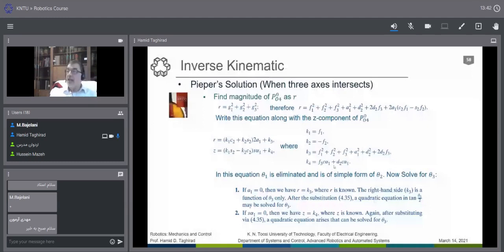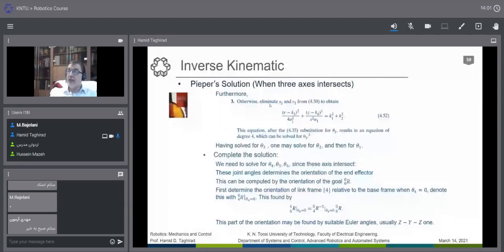And if it is not the case, if none of these two parameters is equal to 0, then we have two equations, and we can use some sort of elimination to eliminate S2 and C2 from these two equations by simply adding the squares of these two equations.